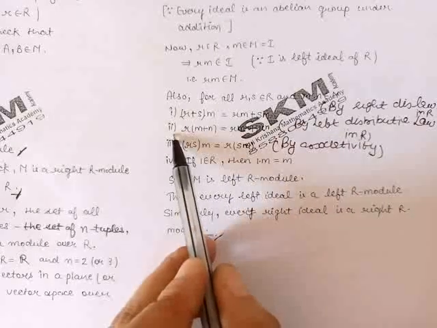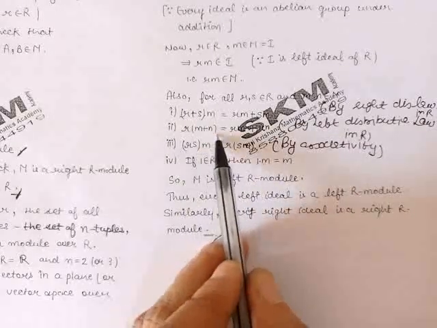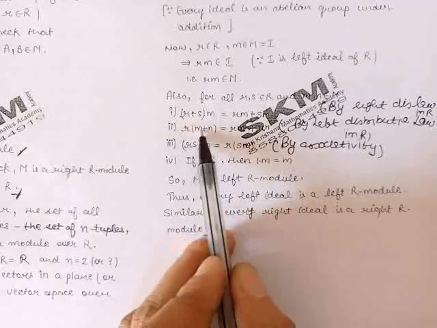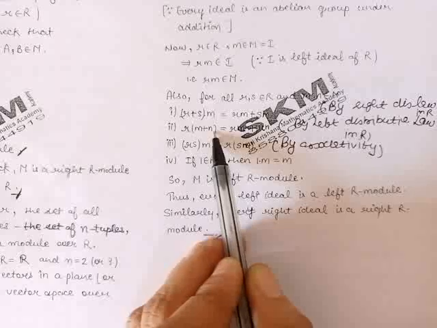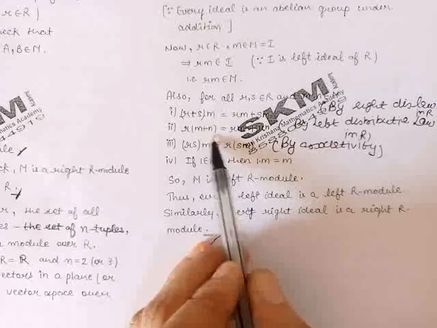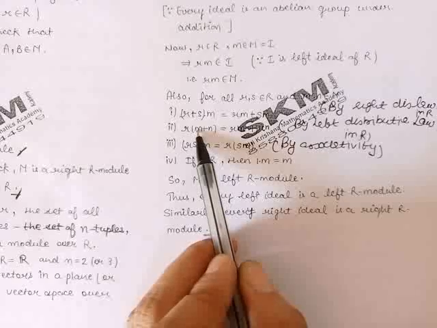In the second condition, r into (m plus n), r is the element of ring R, m and n are the elements of ideal I, and they are also belonging to the ring R because I is an ideal of ring R. So we can use the left distributive law. So by that law, this can be written as rm plus rn.